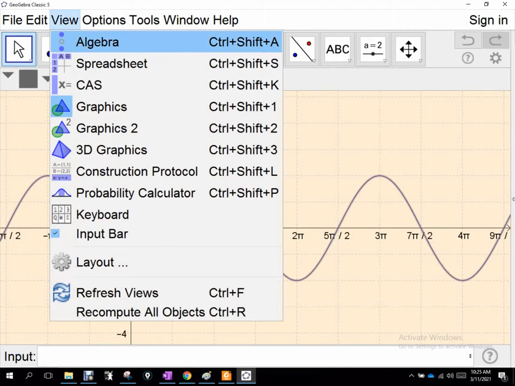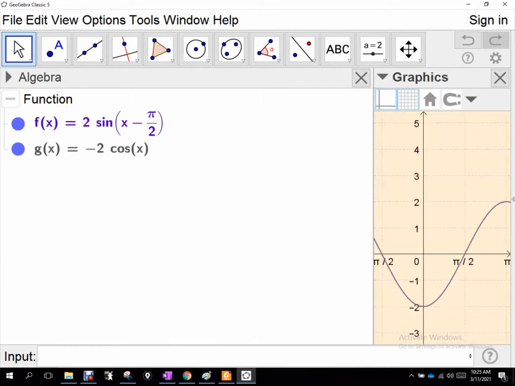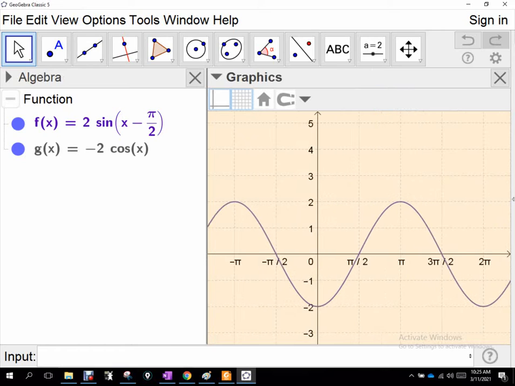But when I go and look at the algebra, there are two different equations. But those two different equations produce the exact same curve, right? So the idea here is that because of the periodic behavior, I could actually do this.